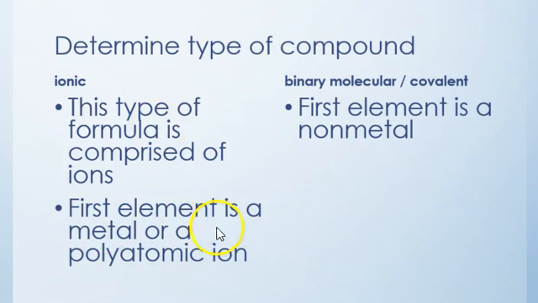If the first element is a metal or a polyatomic ion, you have an ionic formula. If the first element is a nonmetal, well, then the second element is surely going to be a nonmetal. Two elements that are both nonmetals are binary molecular or covalent formulas.